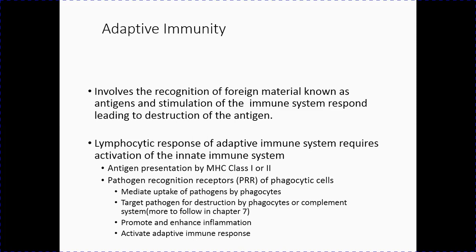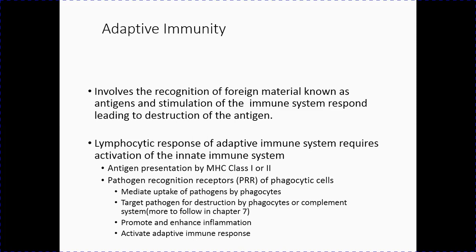Complement is the sequential serum proteins that I talked about, like the dominoes, that once you activate it, it leads to cell lysis, among other things. So we can target a pathogen for destruction by complement or phagocytosis.